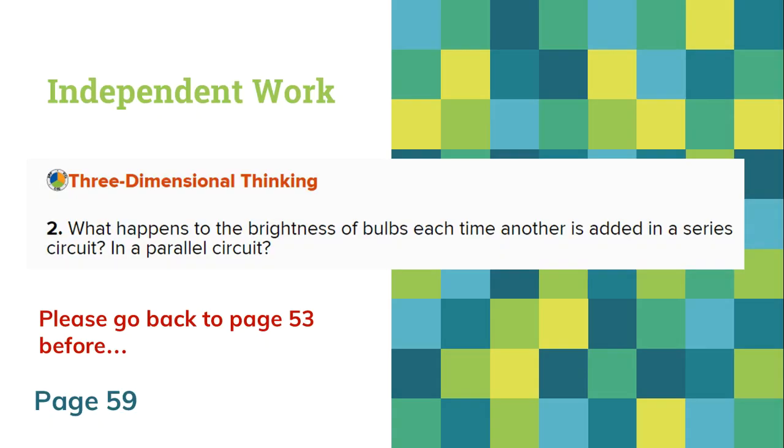Then we have another question that says, what happens to the brightness of bulbs each time another is added in a series circuit? What about in a parallel circuit? If you're not sure about this, before answering, please go back to page 53, because right there we have another explanation of what a parallel and series circuit is.